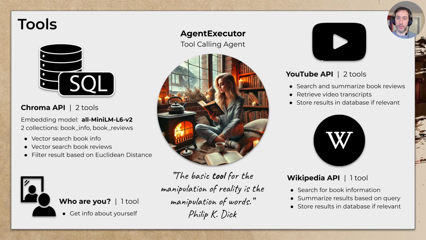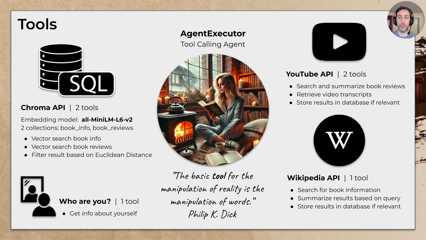On the right side, you have the YouTube API. So I have 2 tools here. The first tool is searching YouTube for book reviews. So if I ask Alice, for example, what do people think about Jane Eyre, she's able to go to YouTube, find some book reviews, summarize them using the submodules that we just discussed, and compare and return a summarized answer.